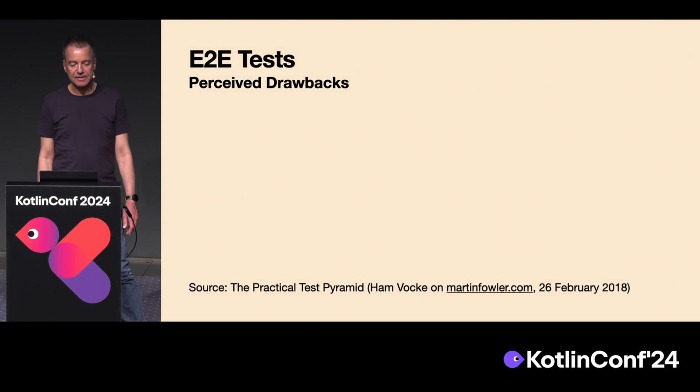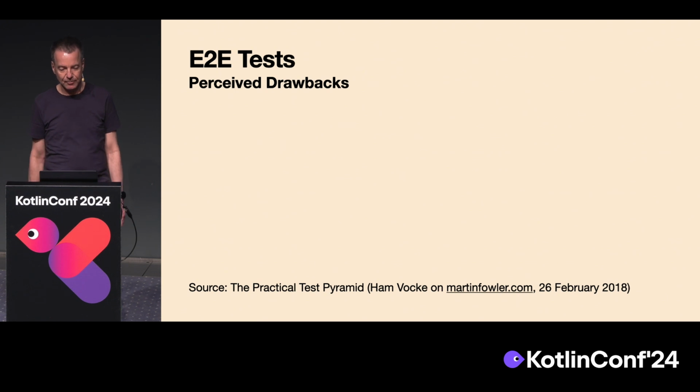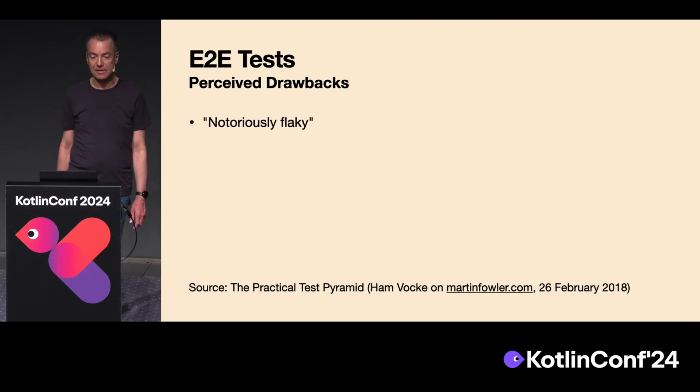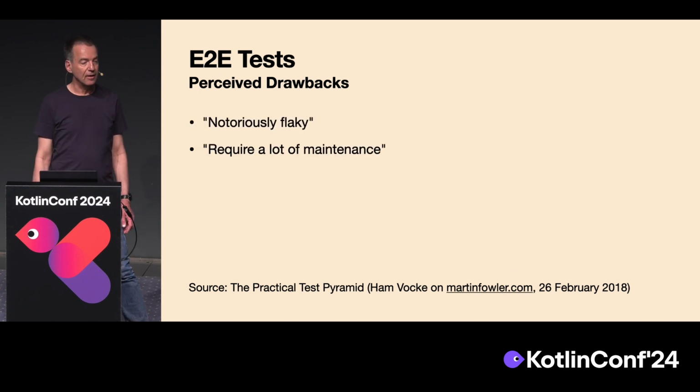So there are reasons not to do end-to-end tests, right? I've taken an article from martinfowler.com called The Practical Test Pyramid, written by Ham Vocke, and he's claiming that end-to-end tests are notoriously flaky, they require a lot of maintenance, and they run pretty slowly.